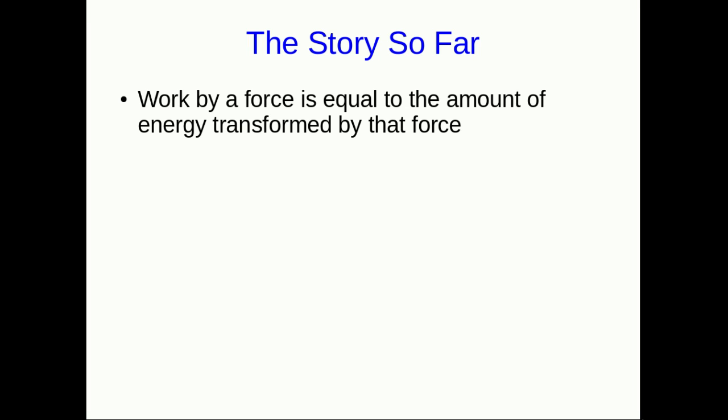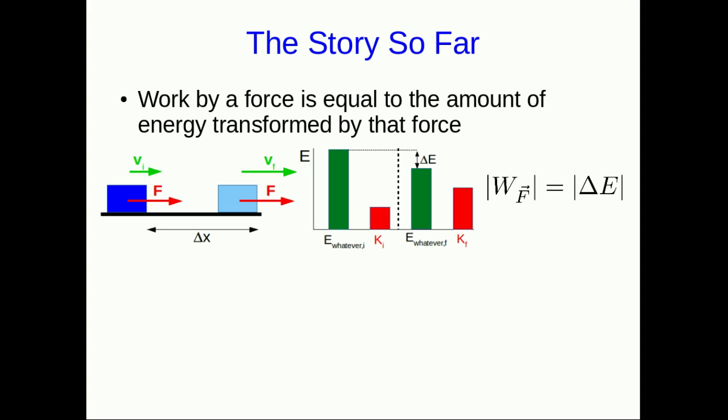In the last lecture, we saw two ways of thinking about what work is and how to calculate it. We said that it's equal to the amount of energy transformed by that force. So in other words, if we have some object that moves some distance while a force acts upon it, then that force does work.